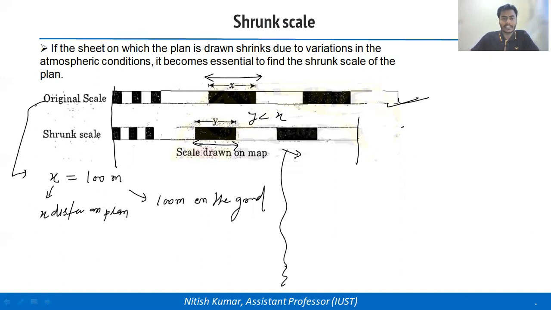Here you can see this point, station, is A and this point is B. After shrinkage also you will find this is A and this is B. So according to the original scale, we said this distance is 100 meters on the ground, right? Now, on the shrunk map also, we are saying this distance is 100 meter on the ground.